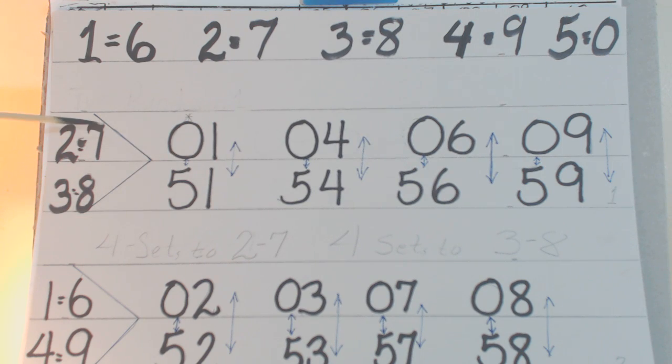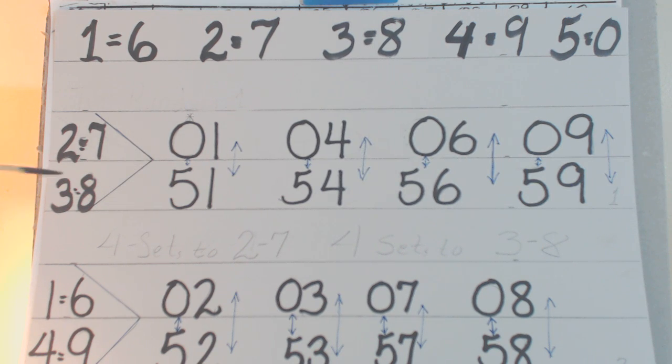And these are the numbers that accommodate these two numbers. So if you play two-digit lottery, for instance, and you have these two numbers that come up, you may want to go to the chart where the 2 and 7 appear and choose some of the numbers that you will see.